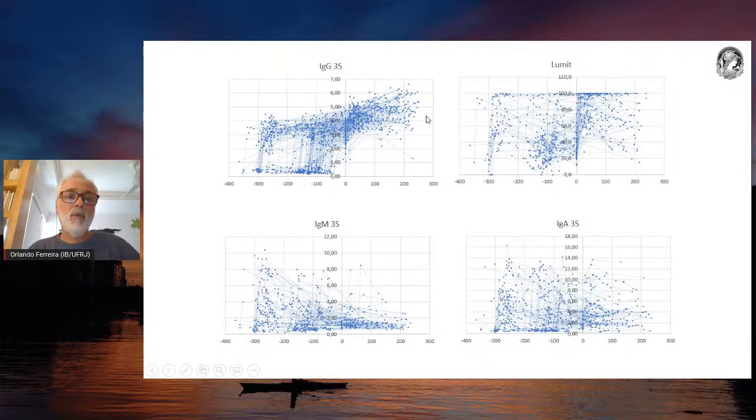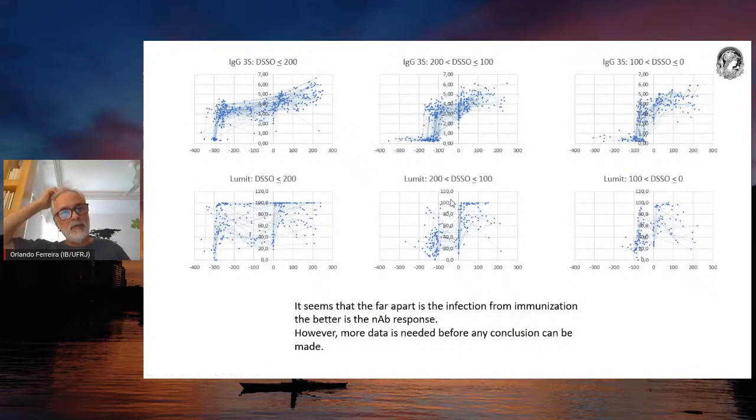But one of the things that made us think, especially with the Lumit assay, is how far the immunization has to be from infection to have levels of protection maintained over time.